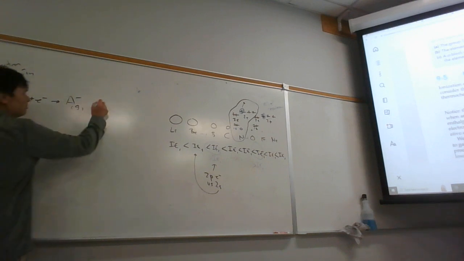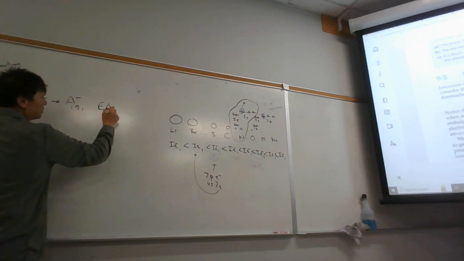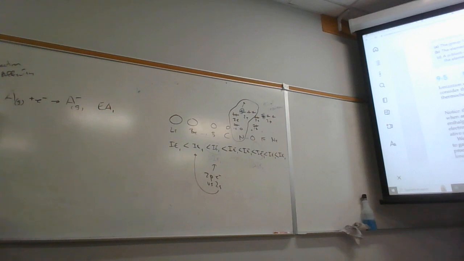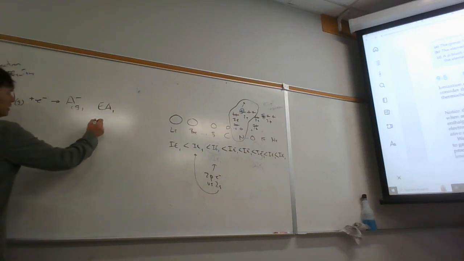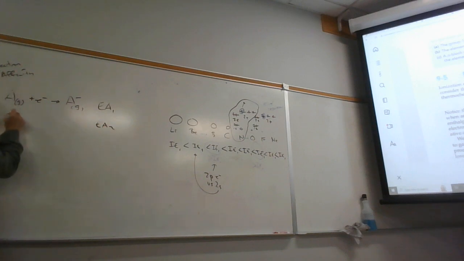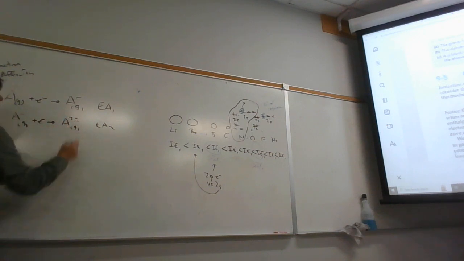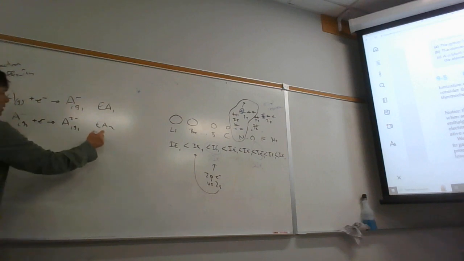And the energy that's involved here is called EA, electron affinity 1. Likewise, we can have electron affinity 2, 3, etc. So electron affinity 2 would be taking that gaseous anion, A minus in the gaseous state, plus an electron, which would give us A2 minus in the gaseous state. That would be EA2.